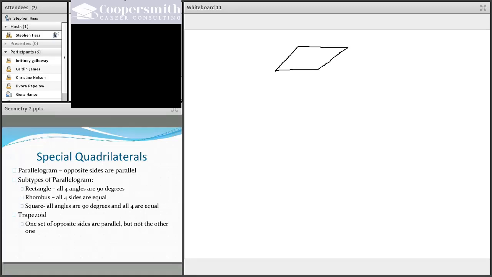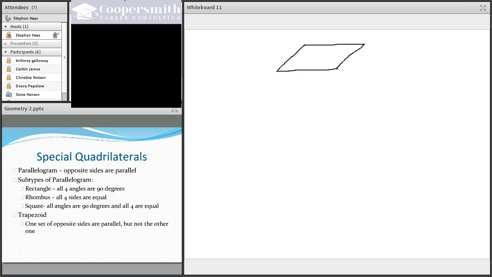You know, that's not drawn very well. I'm going to try to draw it a little bit better. Okay, still not great, but not terrible. So we've got this here. This shape is going to be called a parallelogram.